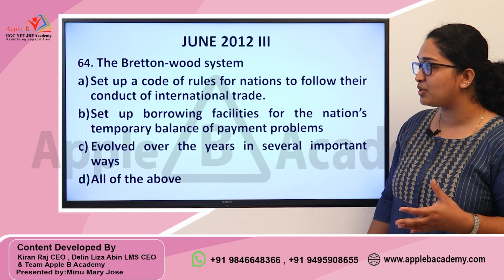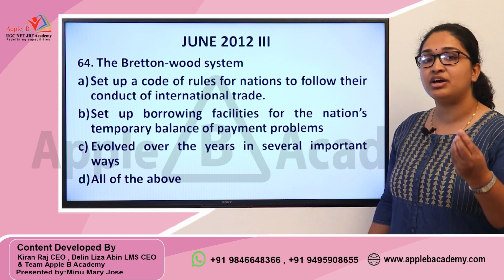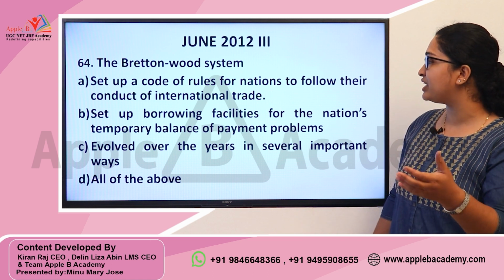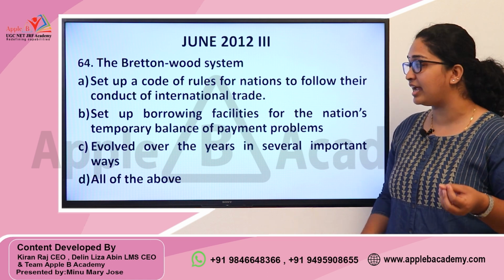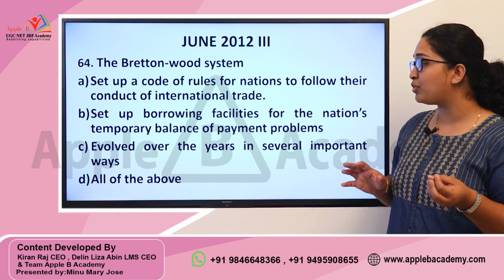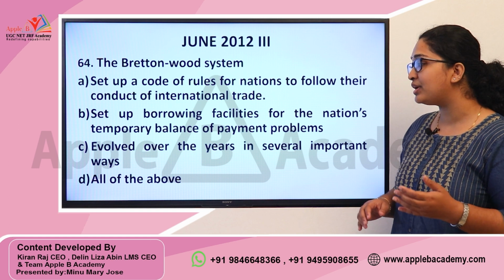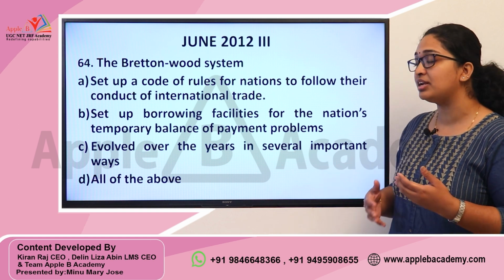All of the options given here describe exactly what the Bretton Woods system is. It is a code of rules for nations to follow in their conduct of international trade, it is also a kind of borrowing facility for nations' temporary balance of payments problems, and it has also evolved over the years in several important ways.